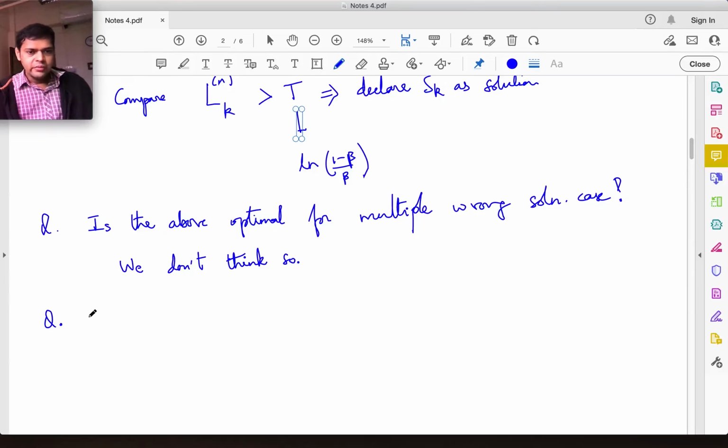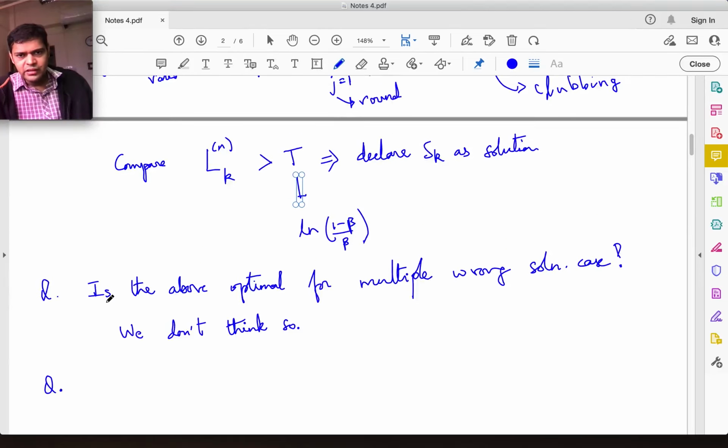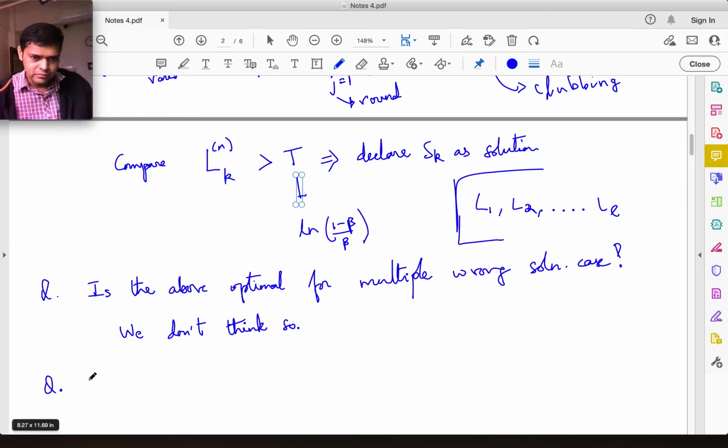And the other question is, is it possible to declare multiple solutions as correct using this method? Because we have L1, L2, all the way up to L. So the question is, can two of these cross the threshold T at the same time? And we show that that is not possible.